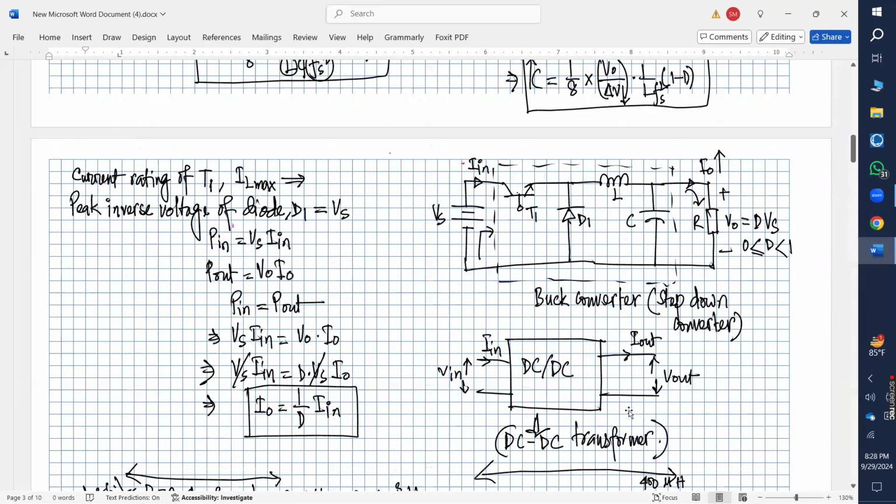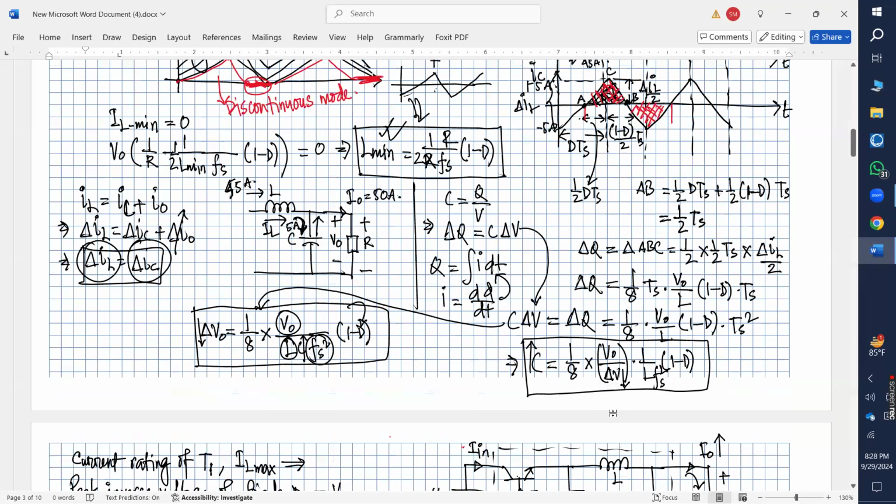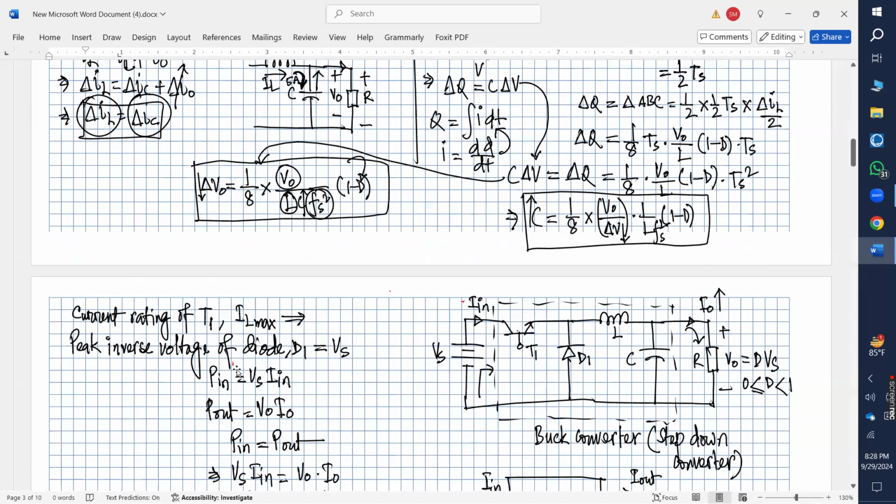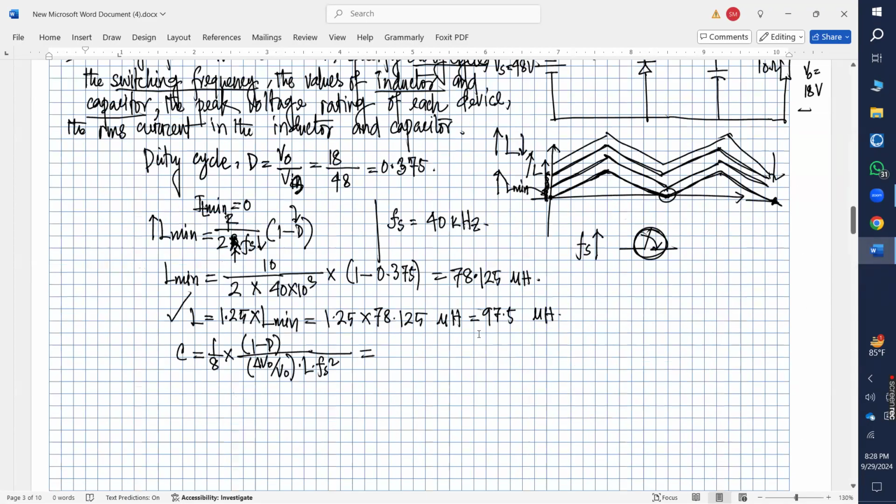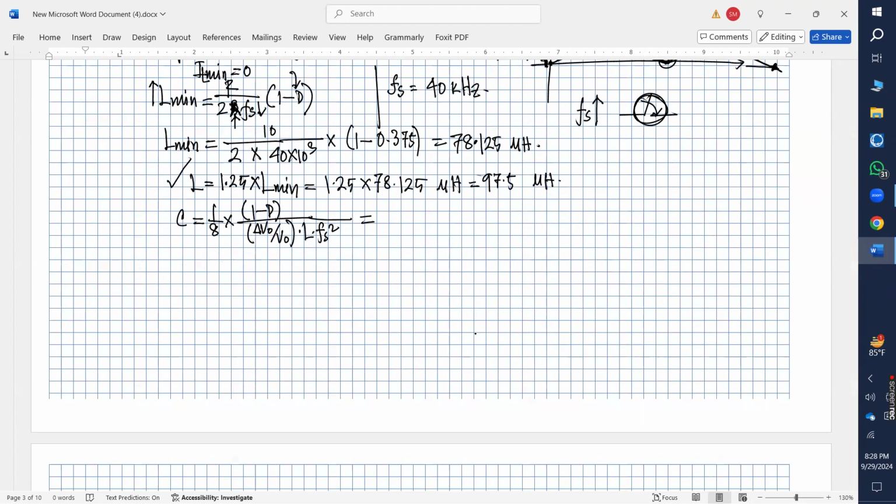This is the value we got in the last class, right? If we take this in the denominator, it will be del V naught over V naught. So what should be your capacitor value? It should be 1 minus 0.375 divided by this.